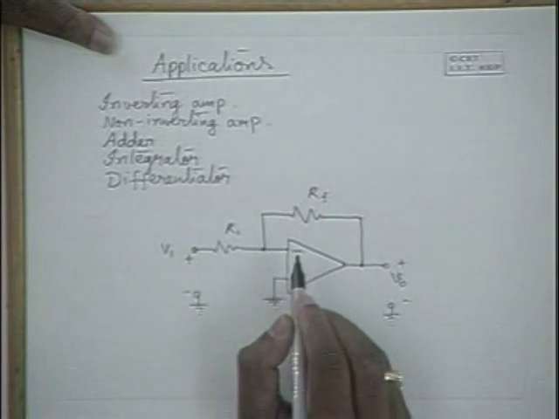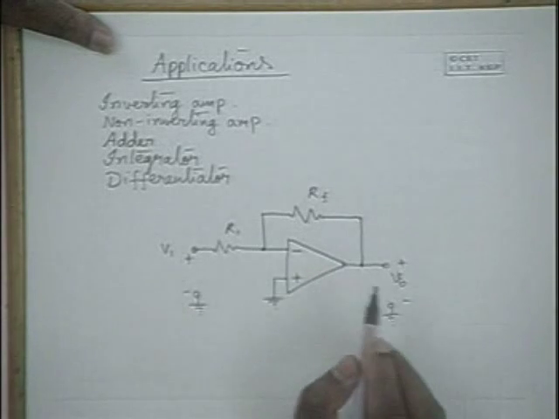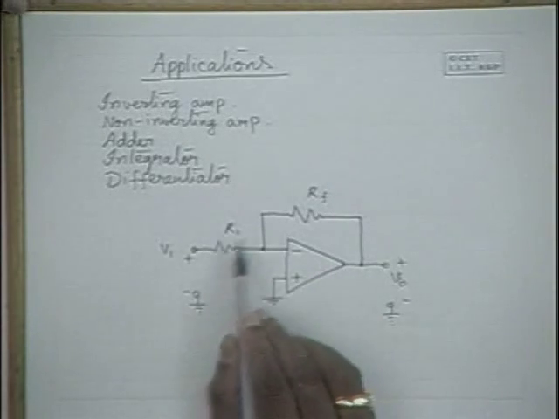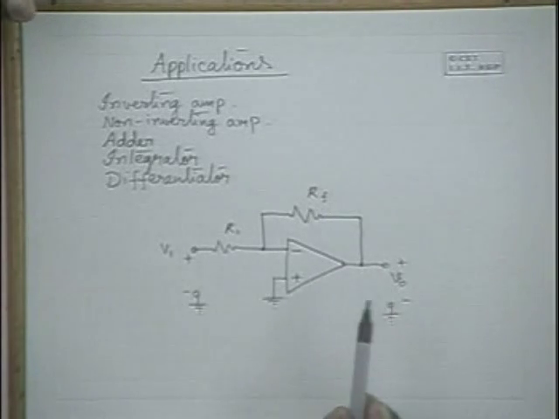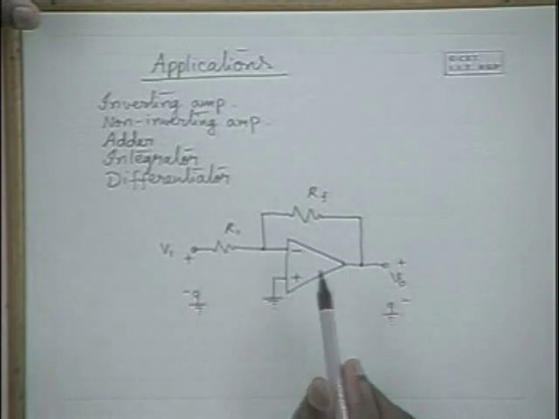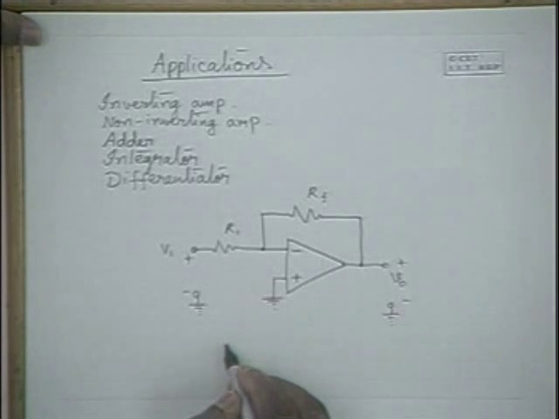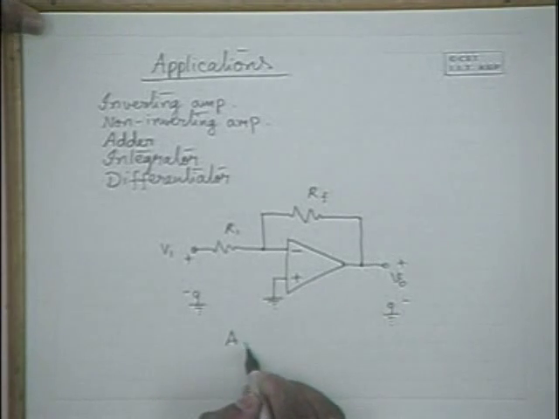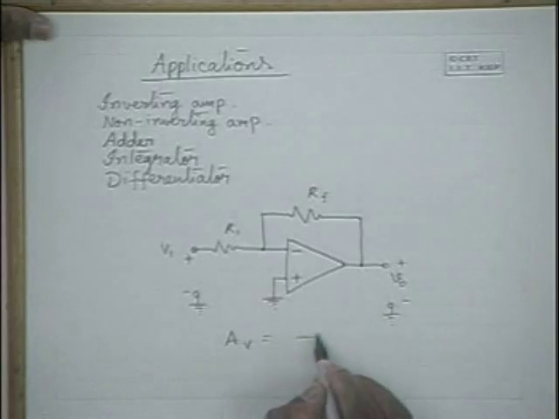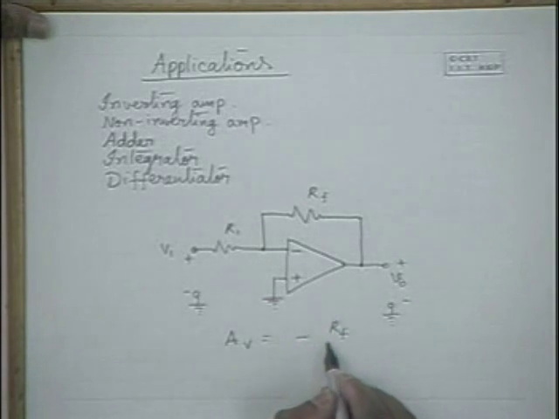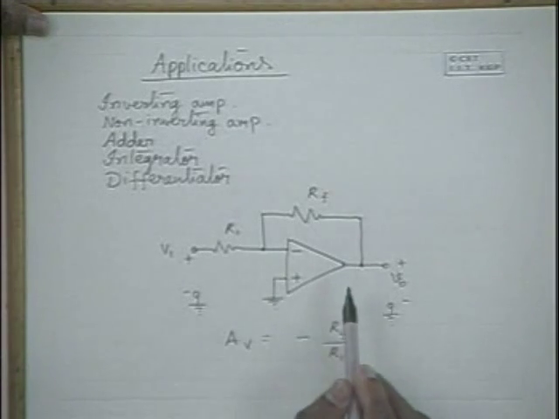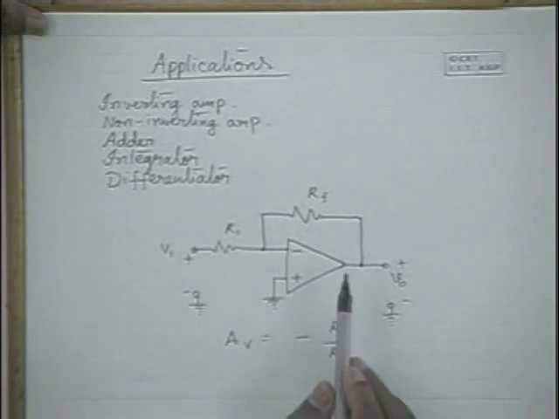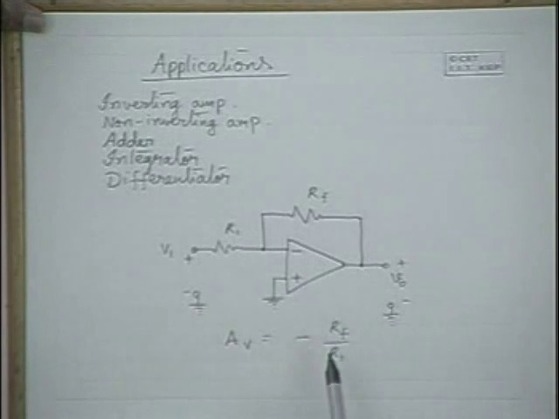RF is the feedback resistance, and this is the operational amplifier. This is how an operational amplifier can be used to amplify signals with negative gain, and in this particular case the voltage gain can be shown to be equal to minus RF by R1, which is almost totally independent of the gain of the amplifier. It is only dependent on the feedback resistances R1 and RF.